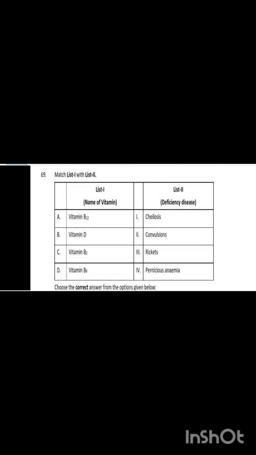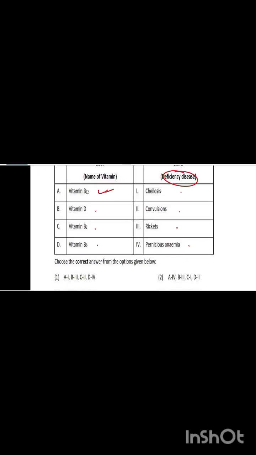Next is question 69. Match list 1 with list 2. Vitamin B12, vitamin D, vitamin B2, B6; cheilosis, convulsion, rickets, pernicious anemia, deficiency diseases. So the most basic thing which everyone will think of, vitamin D is rickets.